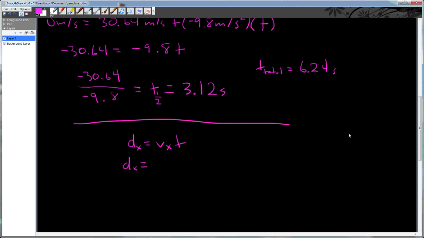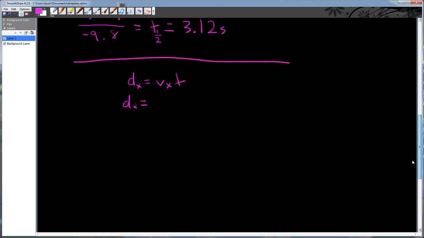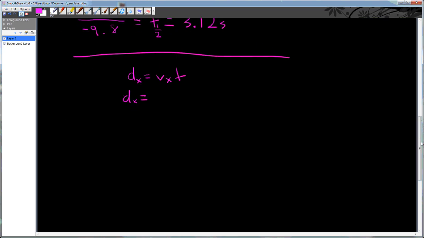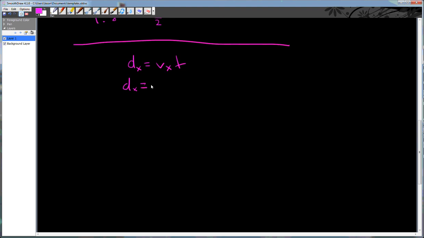Our vx, I don't remember. Let's go back and check. We got that from our component of the given velocity vector. Our vx was 25.71 meters per second, because it's a velocity. I forgot it already. I'm tired, guys. 25.71 meters per second.